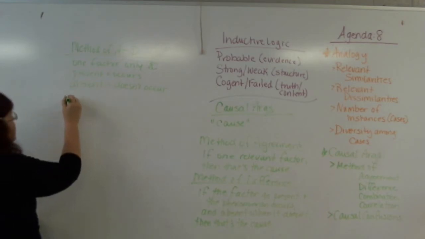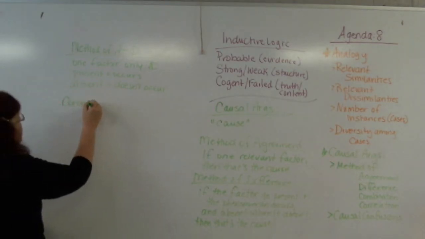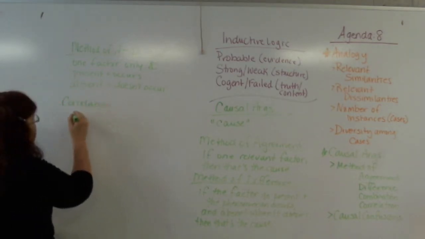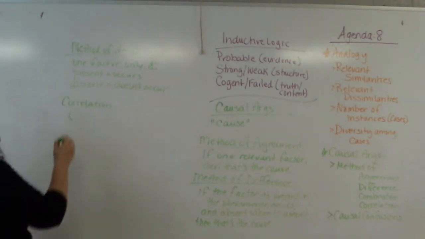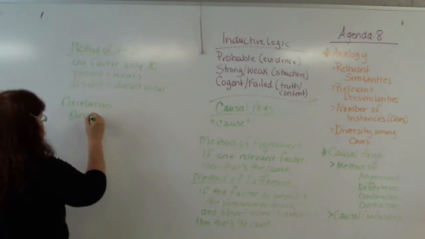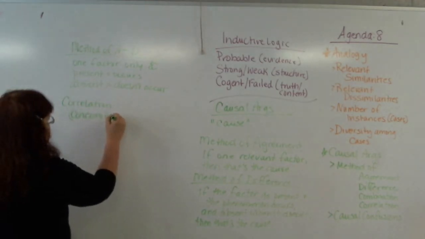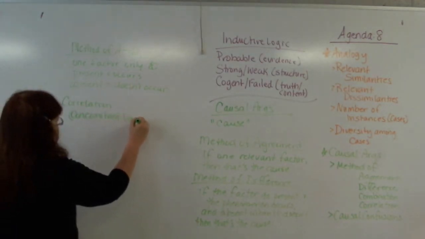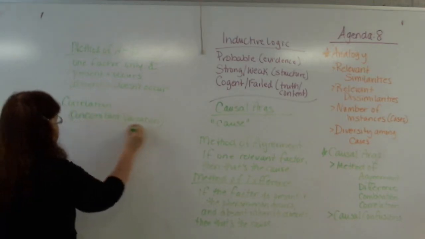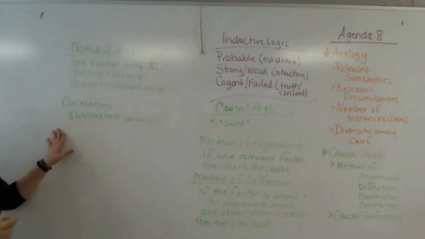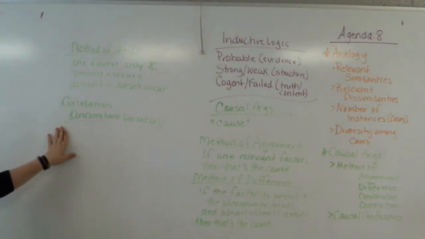Our last one is correlation, or in Mill's words, concomitant variation. We like this part. This is like traditional causation.